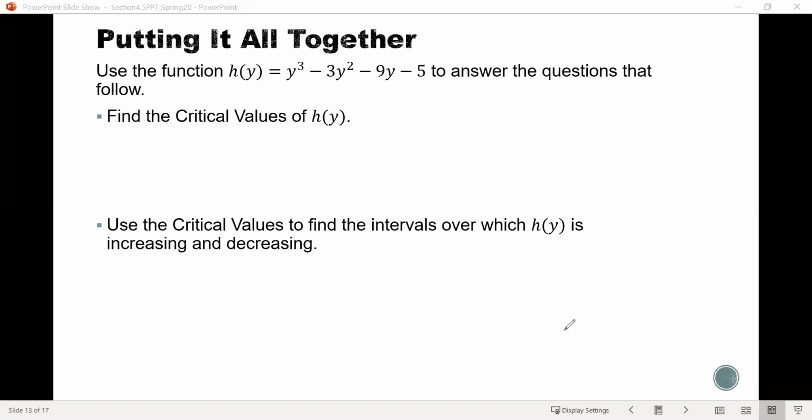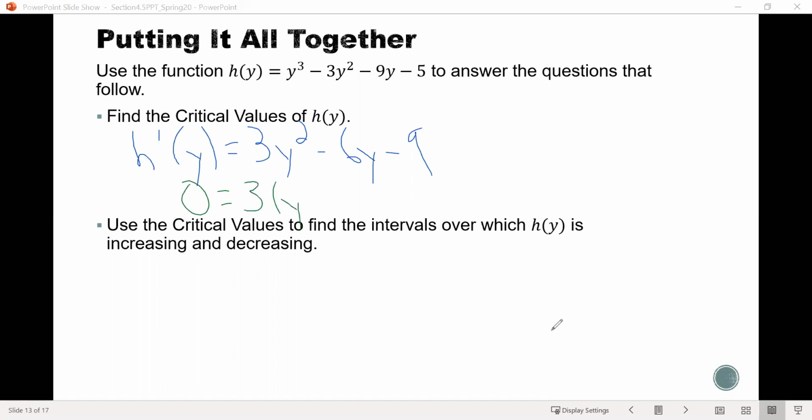So as we were just discussing, we'll take the first derivative here. So h prime of y will be 3y squared minus 6y minus 9. And in this case, there are going to be no values of y that make this undefined. So we're going to take that first derivative and set it equal to 0. I notice I can factor out a 3 here.